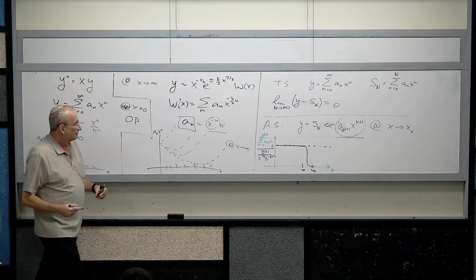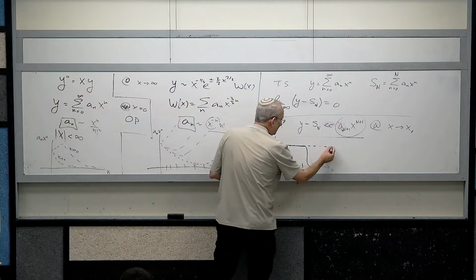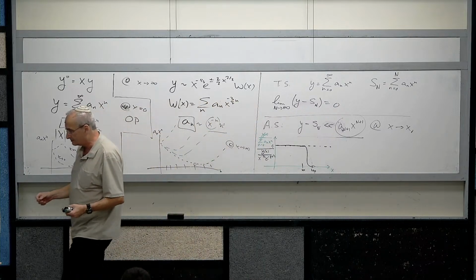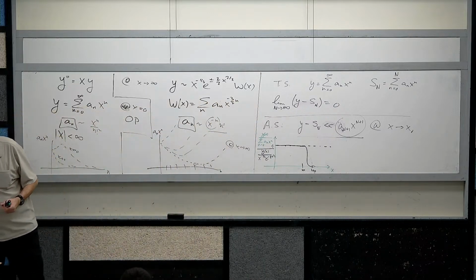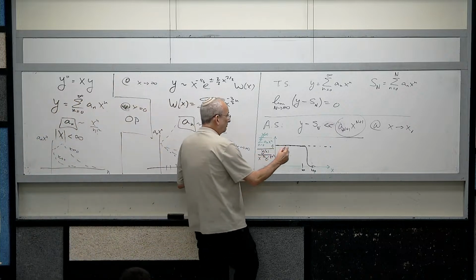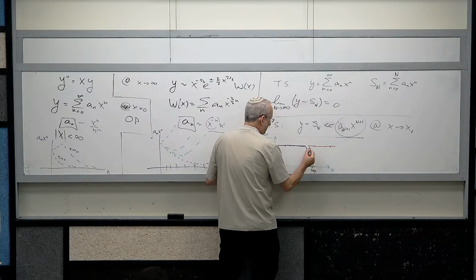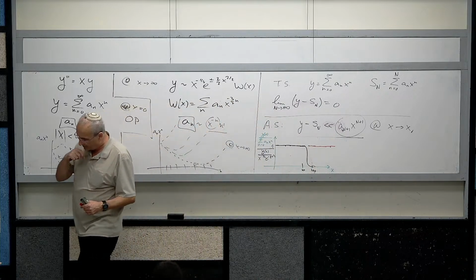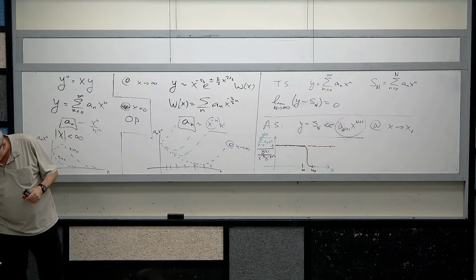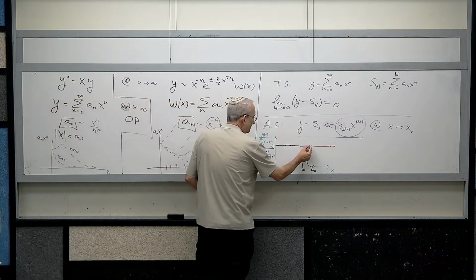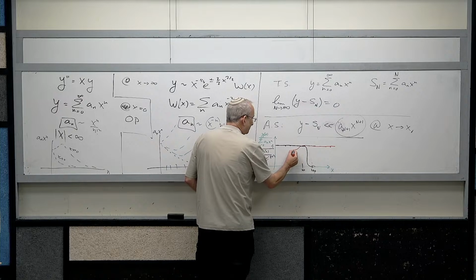From infinity to 100, I need another color. Of course, from infinity to 100, it's okay. Around 100, it goes to something like, I don't know, 0.8. So this is 0.8.